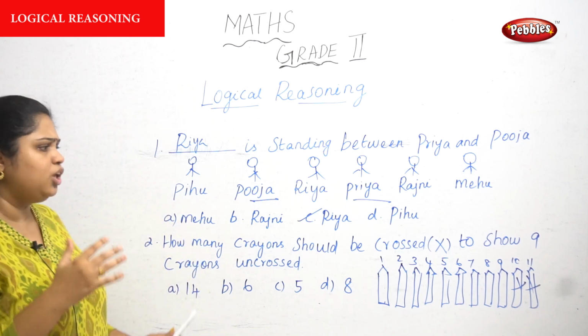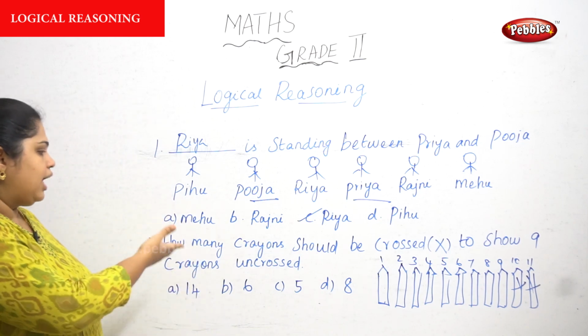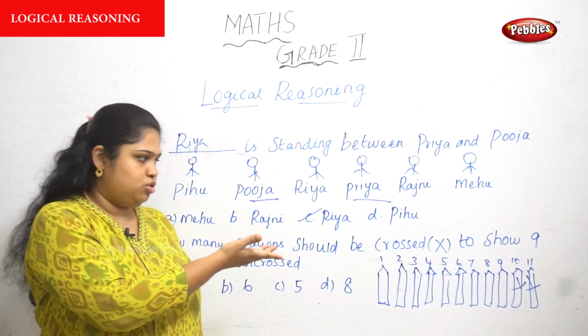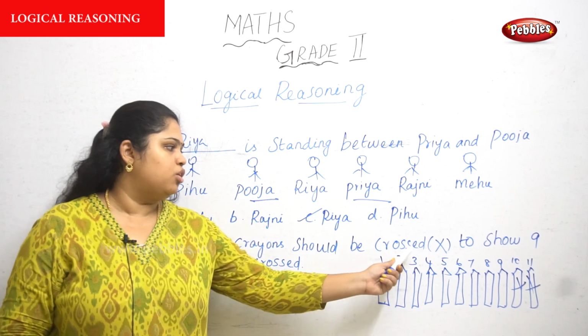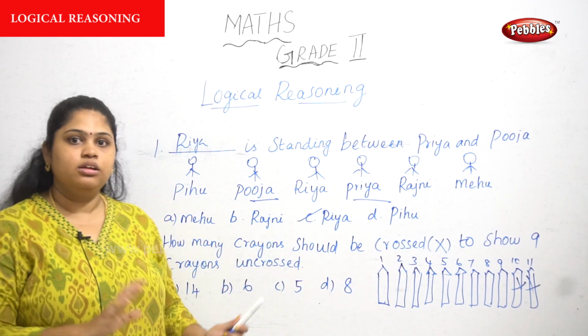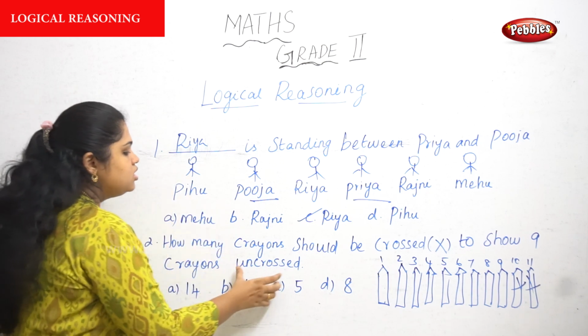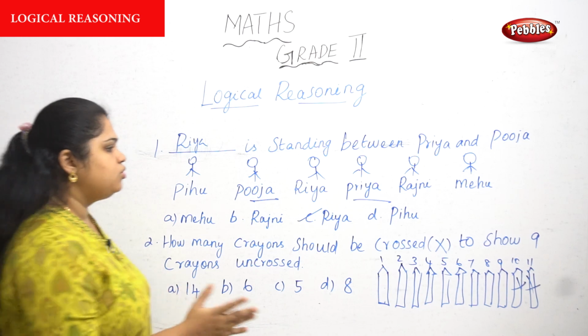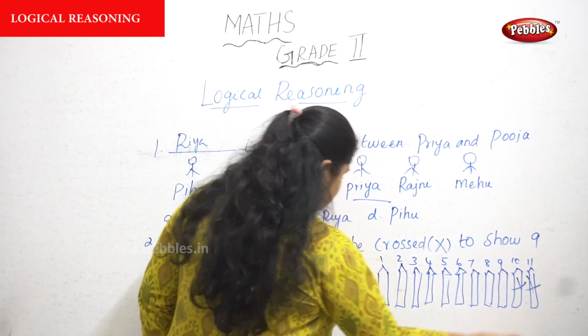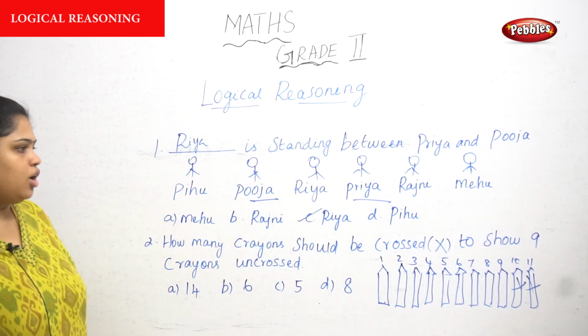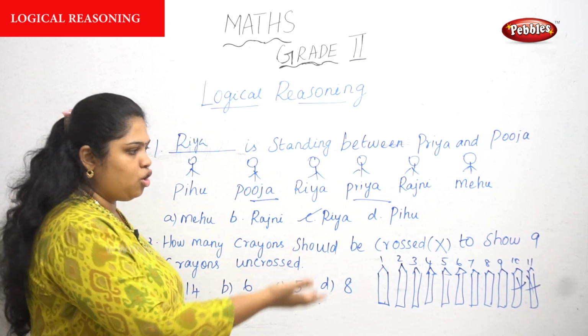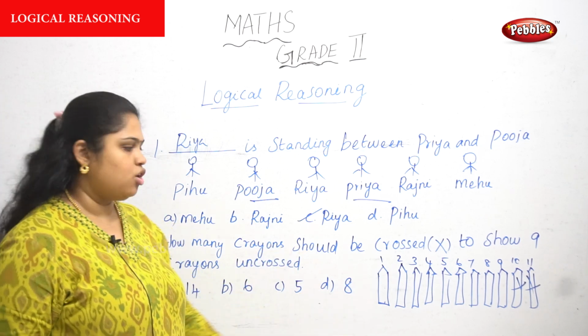So directly, 2 crayons should be crossed out to show only the 9 crayons.